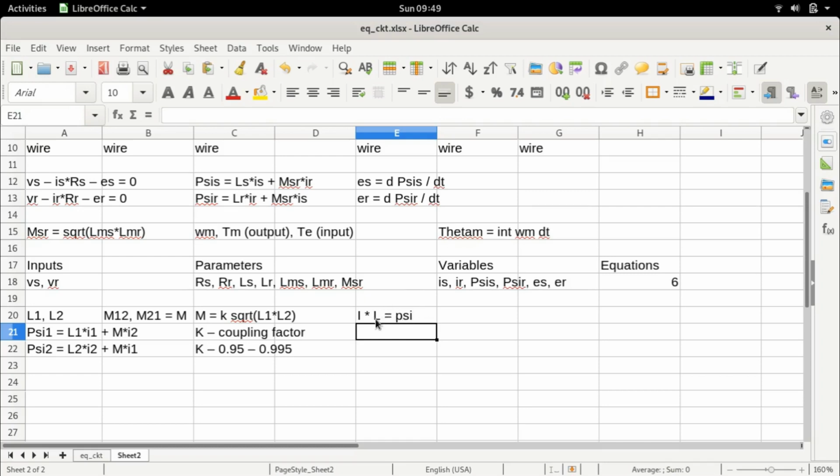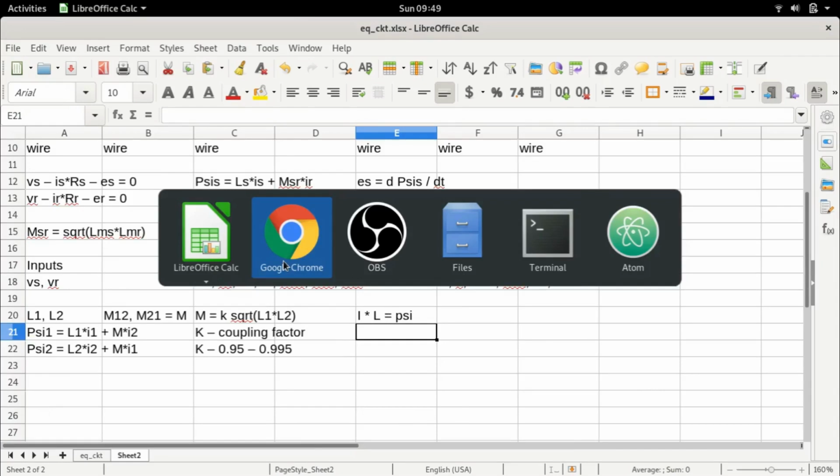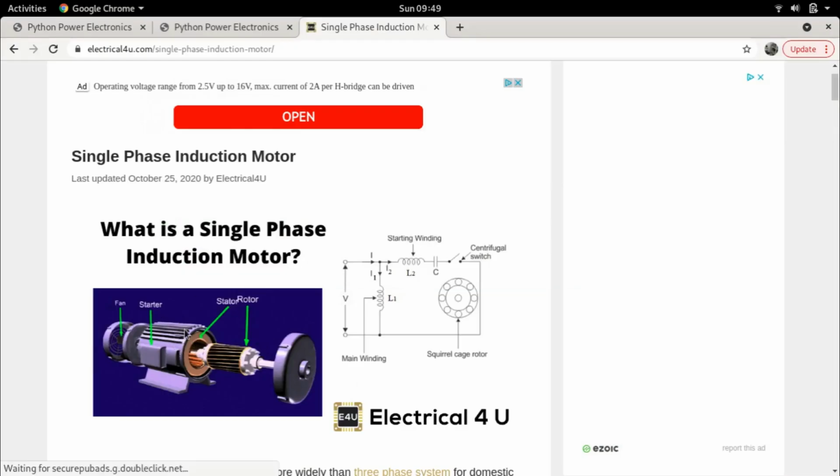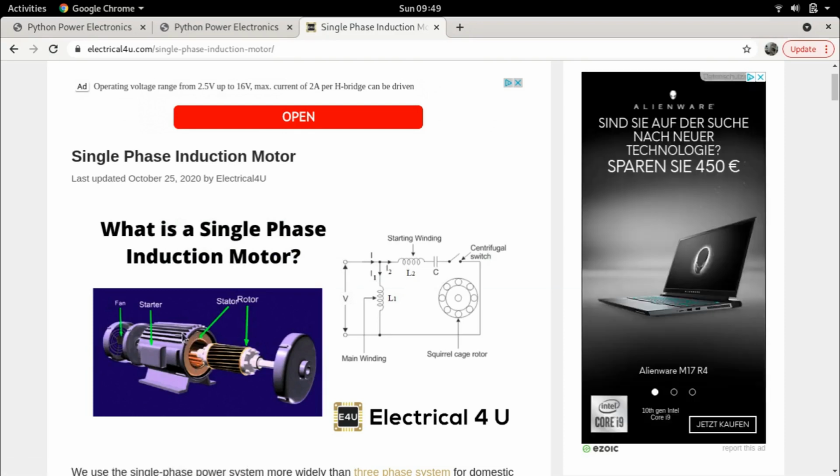So the question now arises, how do we map this to the actual machine? For example, if you have a current flowing through the stator, this current will produce a flux. This flux, as I already said, some of it will leak, and some of it will be in the air gap and will link with the rotor. Now, how is this flux produced?